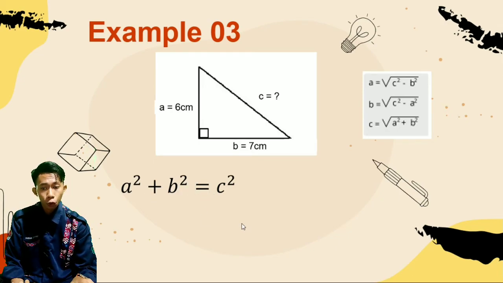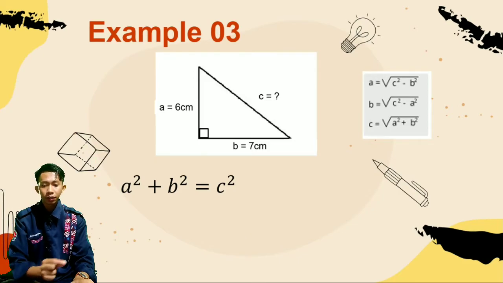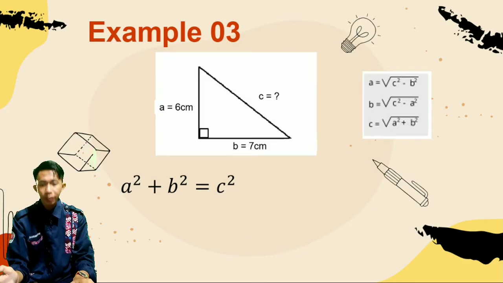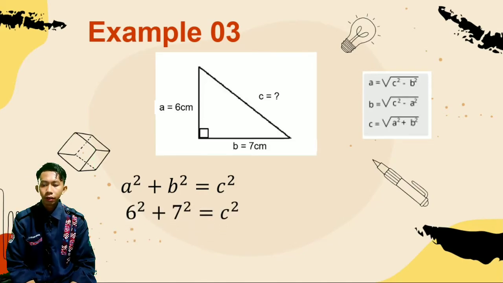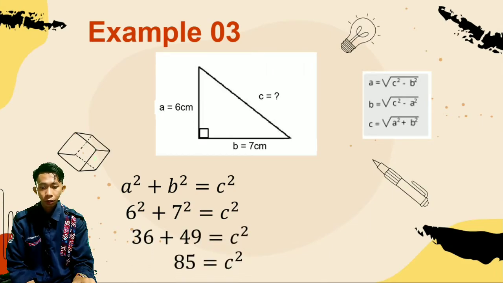You know that A is 6 centimeters, B is 7 centimeters, and C we don't know. That's fine. Now we got 6 squared plus 7 squared equals C squared. 6 squared means 6 times 6, plus 7 squared means 7 times 7, equals C squared. 6 times 6 is 36, and 7 times 7 is 49, equals C squared.